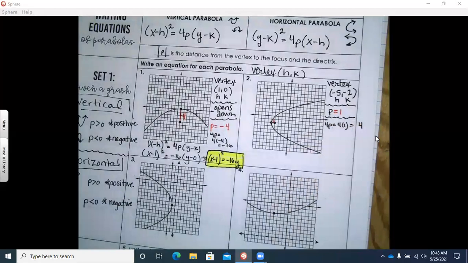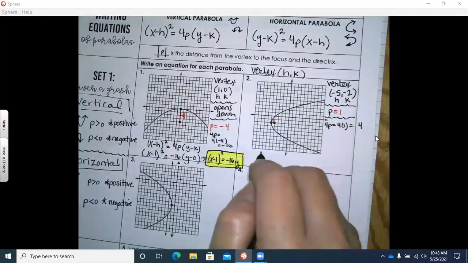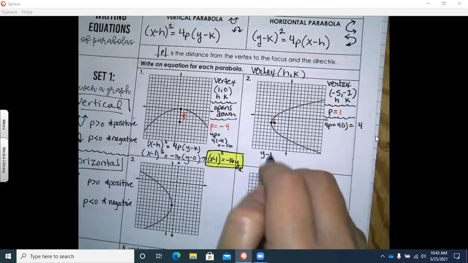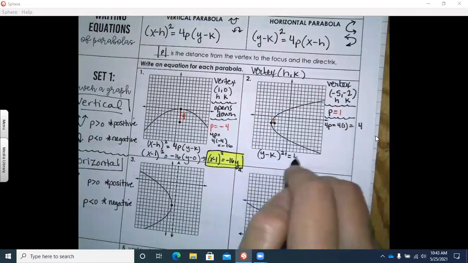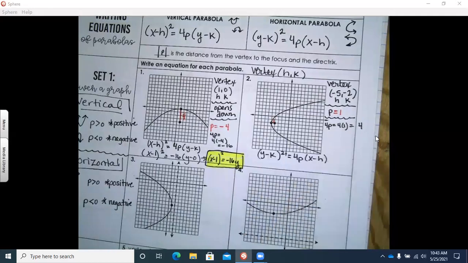All right, so since I'm using the standard form of a horizontal parabola, that's y minus k, quantity squared, equals 4p times x minus h. So this is y minus k. So that's going to be y minus a negative 2.